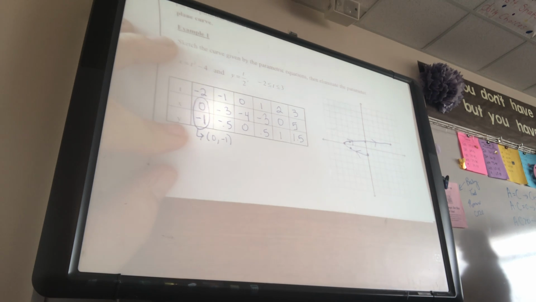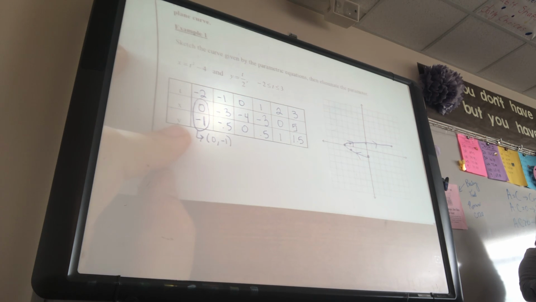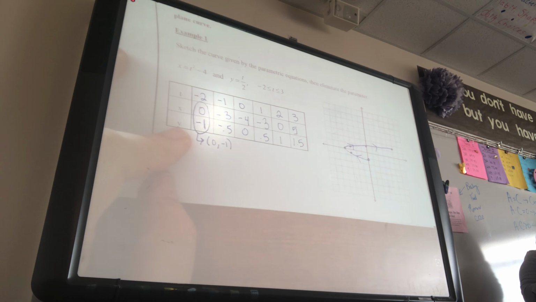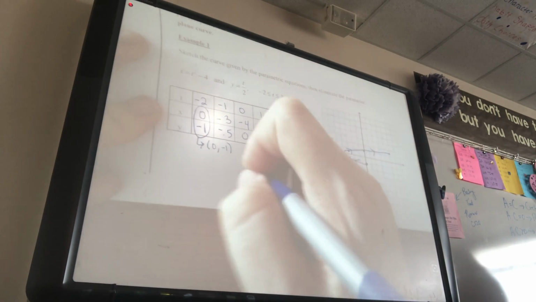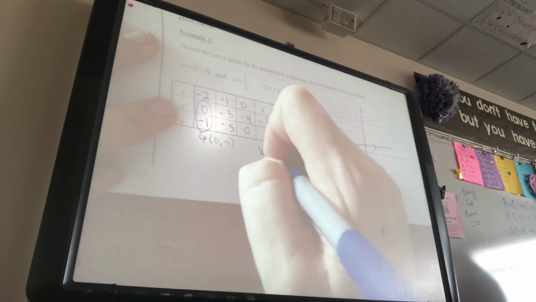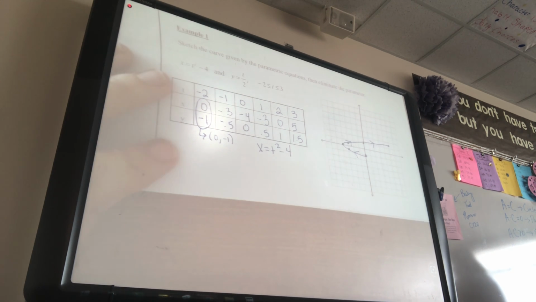Now, what does it mean when I have to eliminate a parameter? Get rid of t. I'm really trying to write an equation where y is a function of x, right? So which equation did I start with? X. x is equal to t squared minus 4. I'm solving for t here. What do I do first?